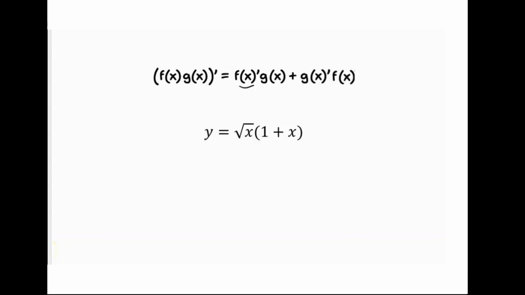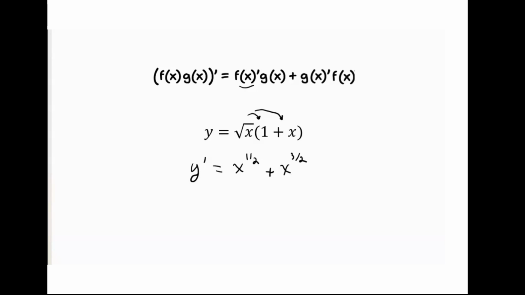All right, one thing you should always check is, do I really need to use the product rule? So in this example here, we're going to find y prime. Well, if you look at this, we can use the product rule just fine and get the answer, but sometimes it's easier just to distribute. So we would get root x times 1, which is x to the half, plus x to the half times x, which is x to the 3 halves, by law of exponents.